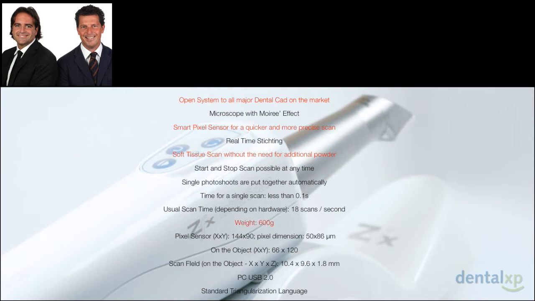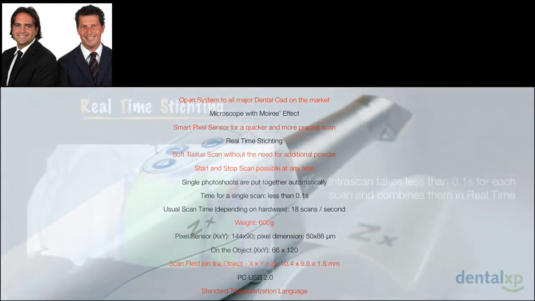The weight, as I was saying before, is only 600 grams, and it's really easy to carry between different offices. For example, the scan field on the object is exactly like the dimension of one single abutment. And another thing that is important is that all the files that are coming out are STL files.